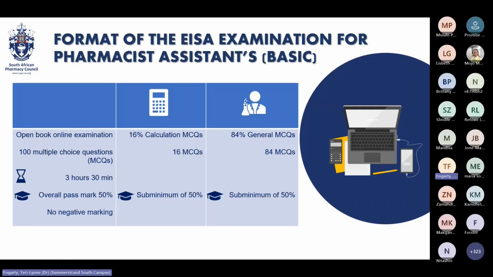So for those 16 multiple choice questions, you must get 50%, and for the 84 multiple choice questions in the general questions, you must also get 50%. So you can't fail the calculation section and do well in the general section. You will still then fail the exam. You must get at least 8 out of the 16 questions in the calculation section correct.